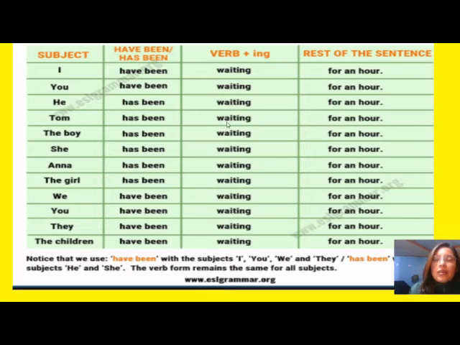Okay, la única cosa que cambia, podemos verlo, por ejemplo, en el complemento o el rest of the sentence. For an hour, okay, is the same. Las cosas que cambian son el subject, el sujeto, y el auxiliar, okay, has or have. According to the subject, you have to write has or have.